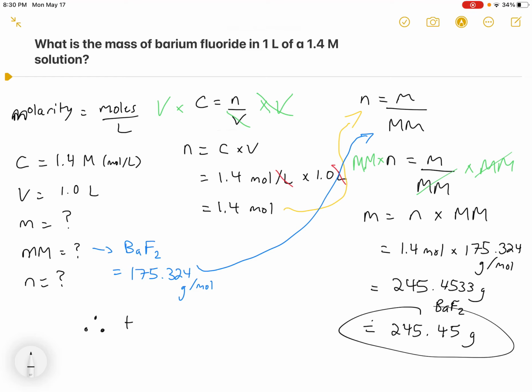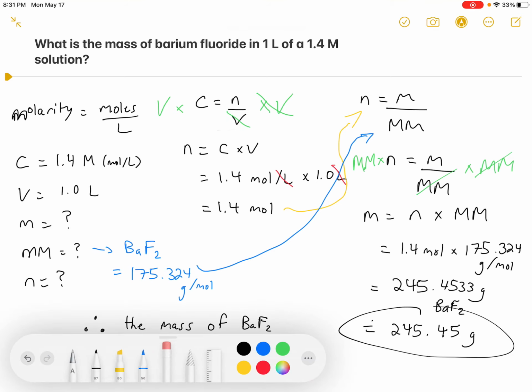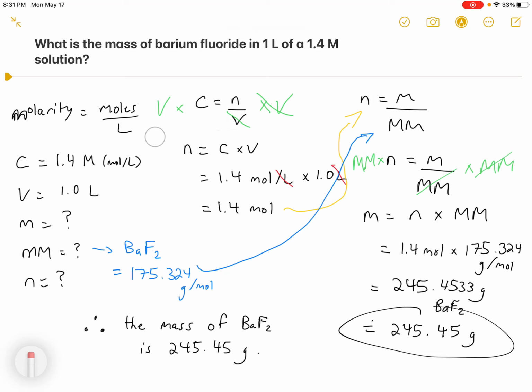Therefore, the mass of barium fluoride is 245.45 grams. And then just to recap there, you'll notice how we needed to use the C equals n over V formula, and we also needed to use n equals m over MM.